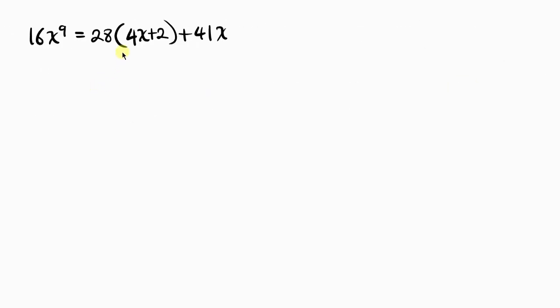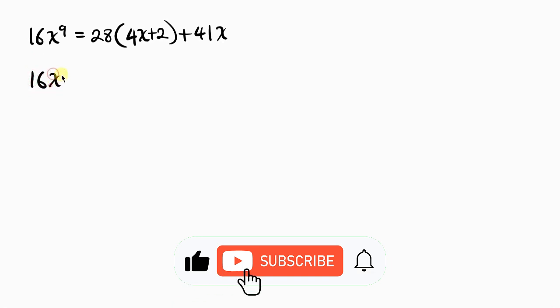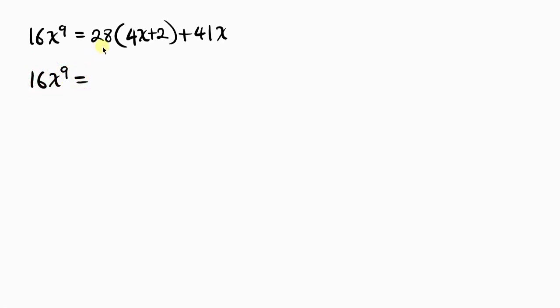So now let's open up this bracket. We have 16x to the 9 to be equal to 28 times 4x, I'll be having 112x, plus 28 times 2, I'll be having 56, plus 41x.